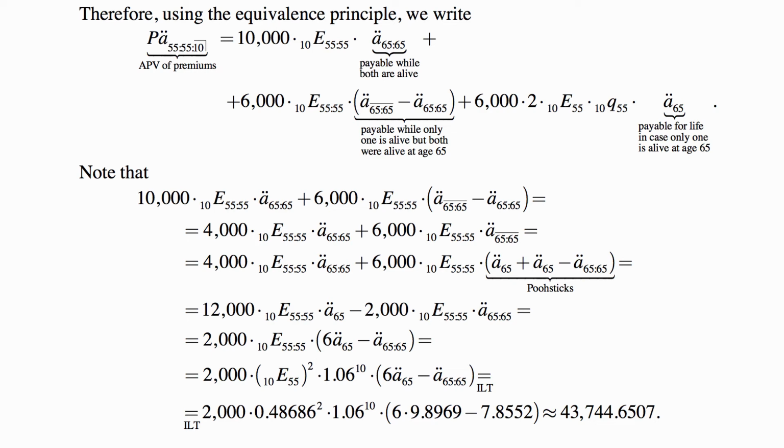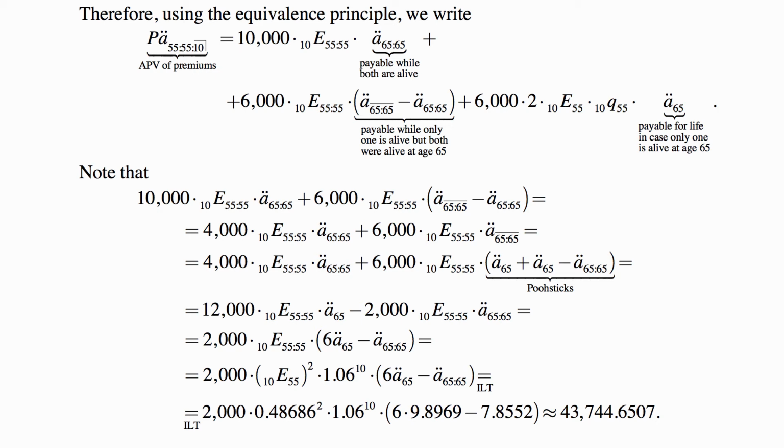Okay, so the first two parts can be calculated together. We write this as 10,000 times 10E55:55 times the joint life annuity at age 65 plus 6,000 times the deferral factor of pure endowment times the difference of the last survivor status annuity and joint survivor annuity.